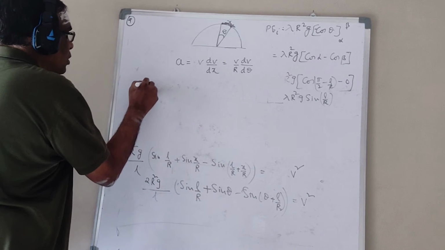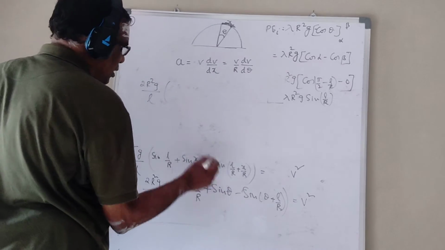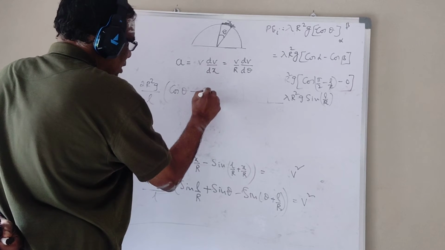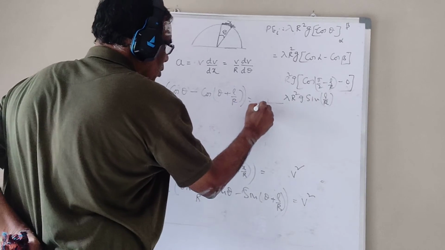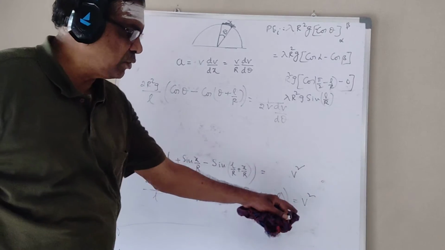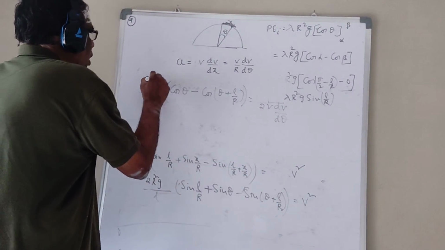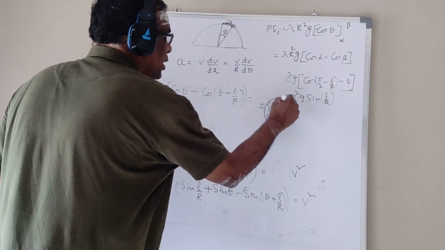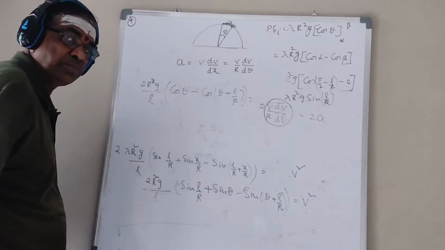What do you get? 2 R square G by L, this is constant, 0. This is cos theta. This is minus of cos theta plus L by R is equal to 2V dV by d theta. V square, 2V with respect to theta, dV by d theta. So 1 R you take on to this side. So the whole thing becomes A.